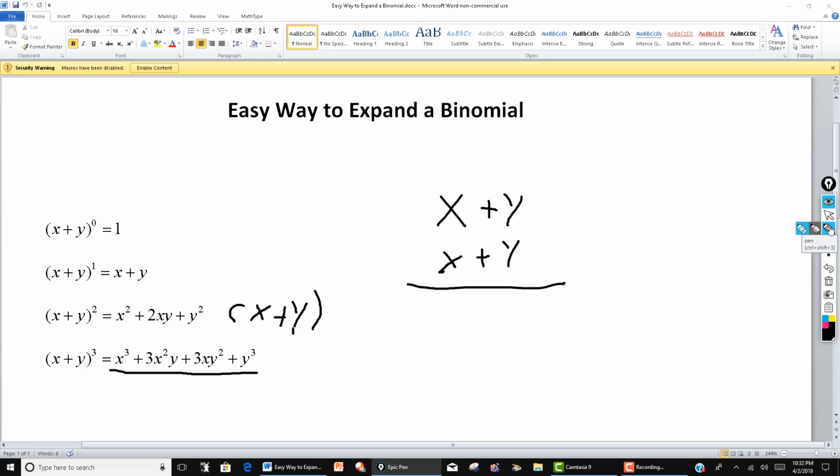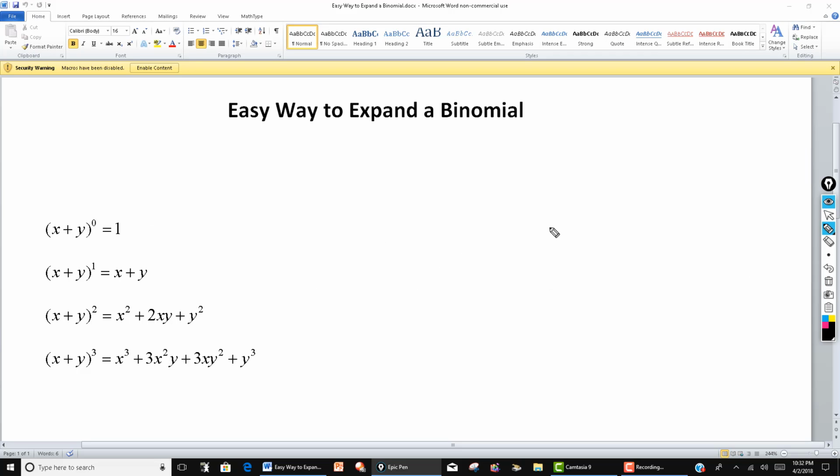So I just want you to see the pattern here. So first of all, we want to notice this. Okay, we have the binomial on the left side, to a power. And on the right side, we have what we call the expansion. What do you get if you take that binomial to that power? Okay. So first notice this, that the number of terms on the right side is always one more than the power. Okay. This is 1, obviously one term, and 0 and 1 is 1.